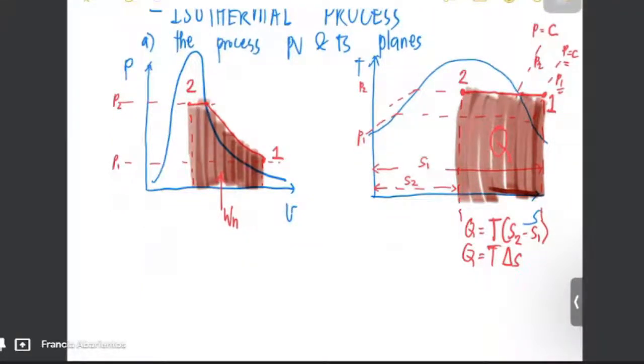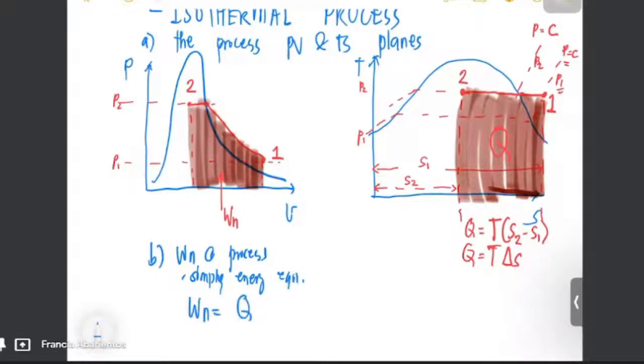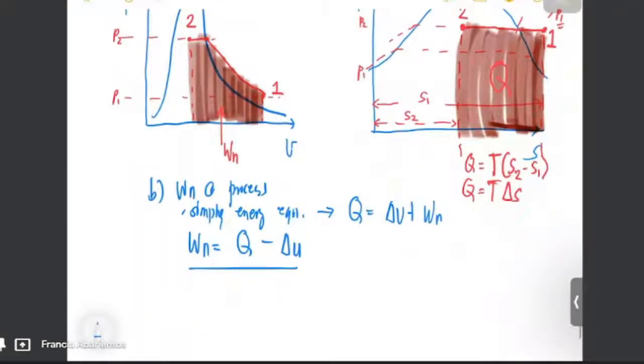As for our work in the flow process at this point, from the simple energy equation, class, that is what we will use. Our energy equation, the work is equal to the Q minus the change in internal energy. That is the heat transferred in a constant temperature process.